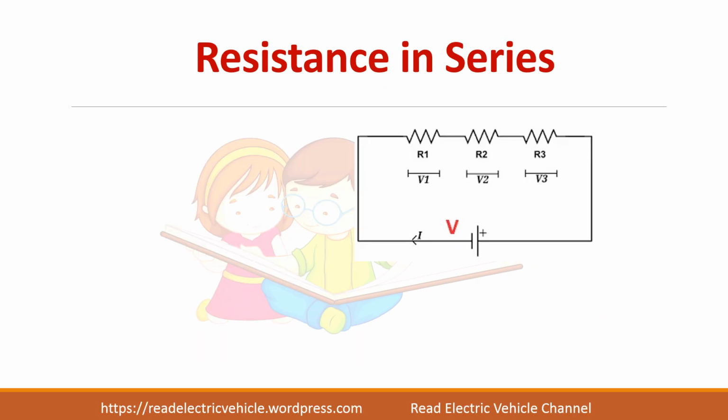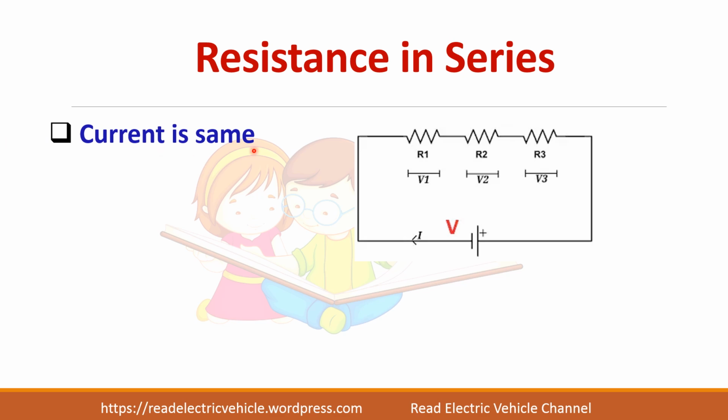Now let us see the voltage and current equations in a series circuit with resistance. In this case, three resistances are connected in series and V1, V2 and V3 are the voltage drops across each resistance, the total applied voltage is V and the total current is I. In this circuit there is only one path, so only one current will flow through all the resistances.